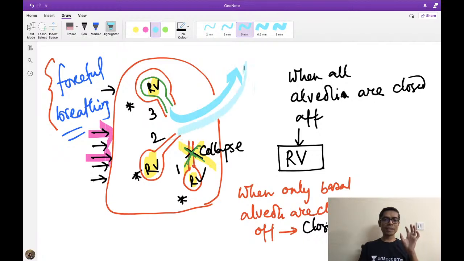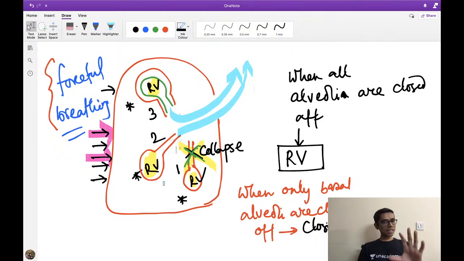The middle part and mainly the apical part. After you reach the closing capacity, the air which comes out to the exterior is coming from apical alveoli mainly, some part may also come from the middle part.